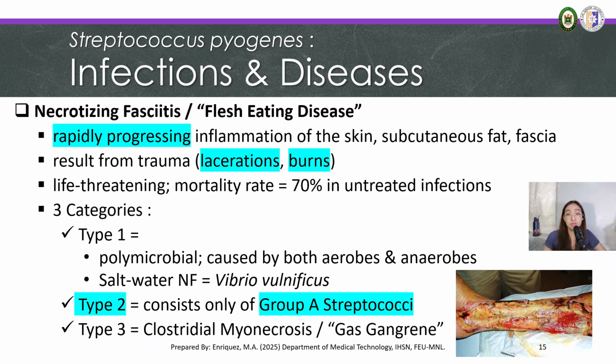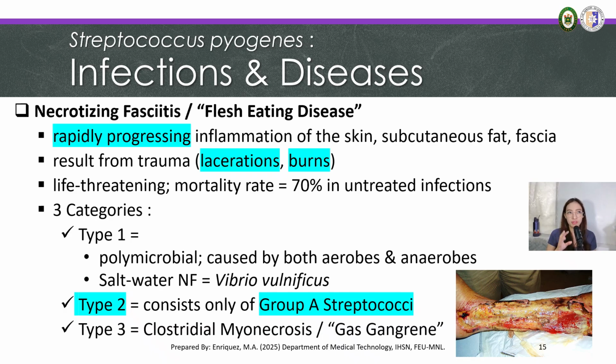Next is type 2 necrotizing fasciitis. This one consists of only group A streptococci. Okay? So sa type 2 NF daw po, ang may kasalanan lang dito ay Streptococcus pyogenes. Right? Next is type 3 NF. Type 3 NF is otherwise referred to as gas gangrene or clostridial myonecrosis, which is caused specifically by Clostridium perfringens.